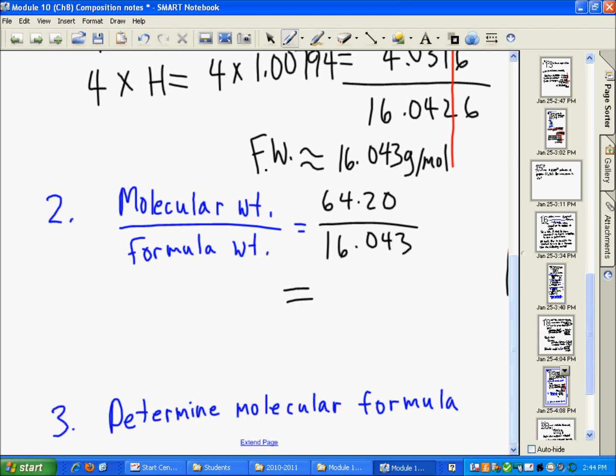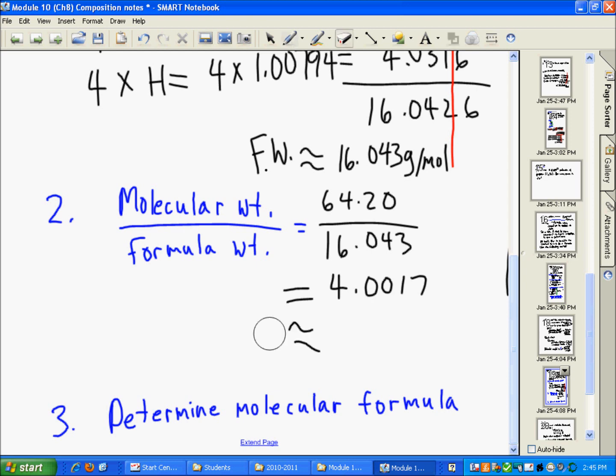I think that was a multiplication instead of a division. The answer is 4.0017, which is about 4.